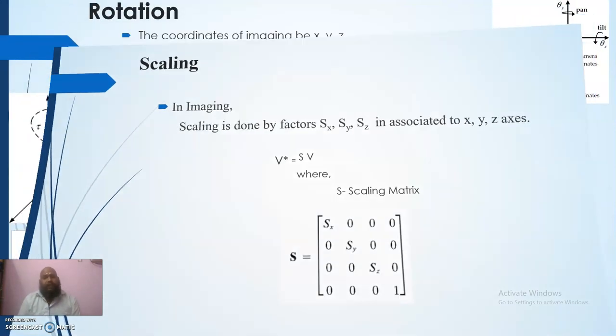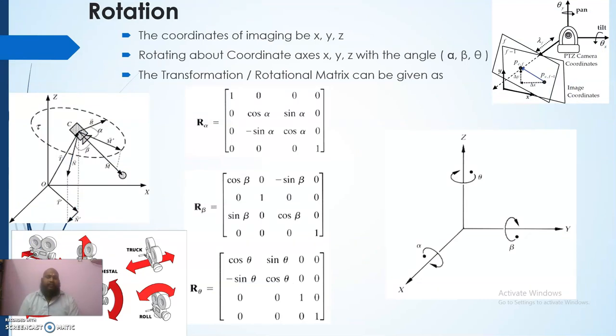Next operation is rotation. Here the camera movements will be angular movements. So how do we carry out an angular movement or rotation, an angular displacement in x, y, and z axis?